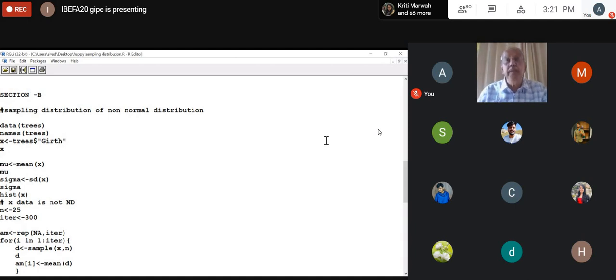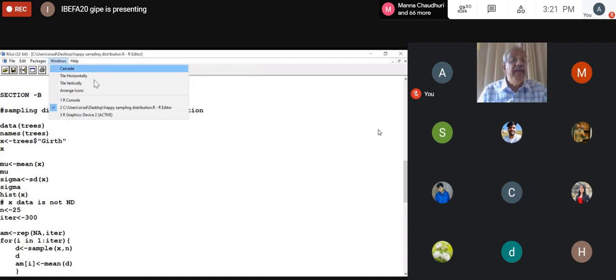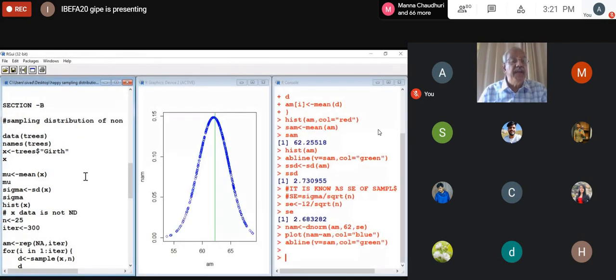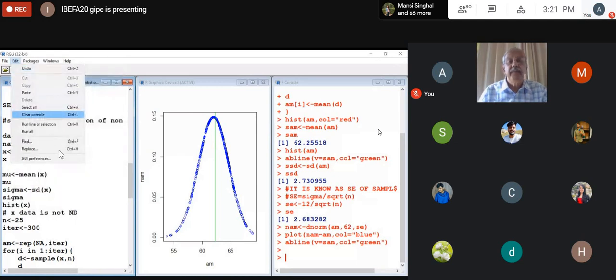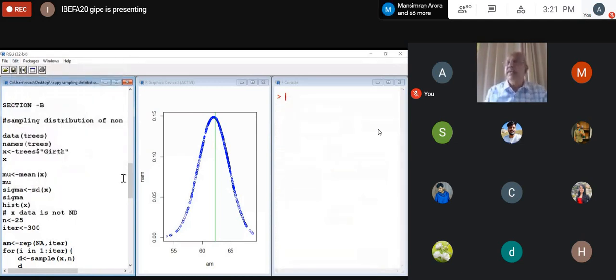That means the original data does not behave like a normal graph. And for that, we are already familiar with the trees data. In correlation regression, we have taken a data of file trees. I took the data from the trees file.